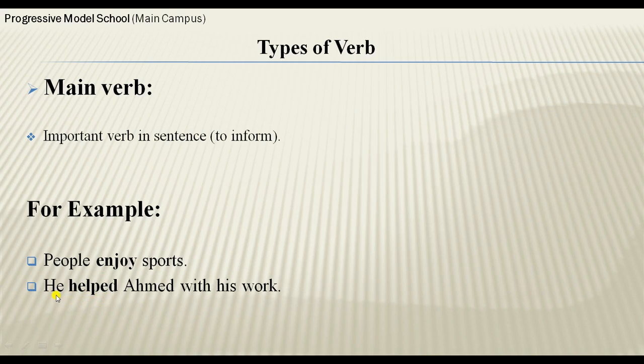He helped Ahmed with his work. And main verb can also be used to link the subject to the state of being or show the relationship. For example, they are doctors. So are is making a link between the subject and information.